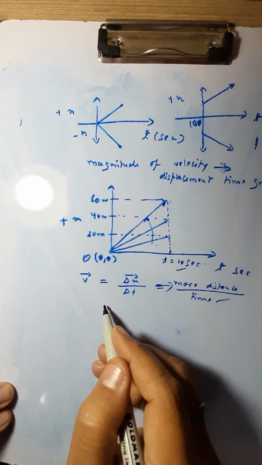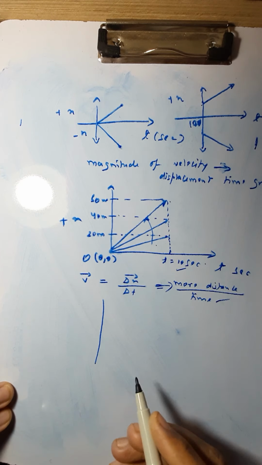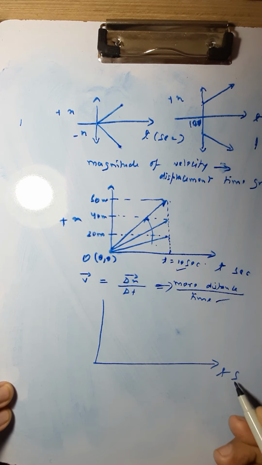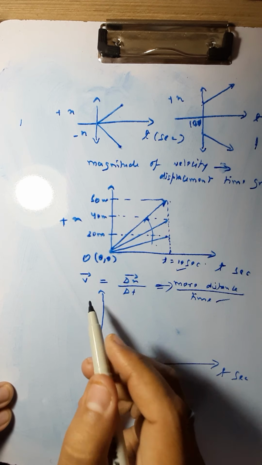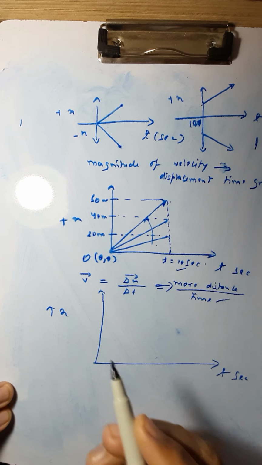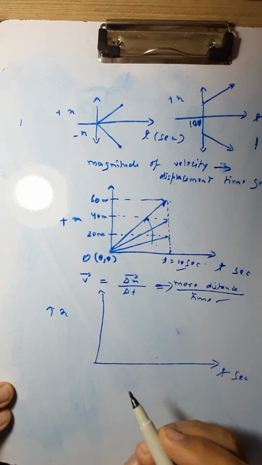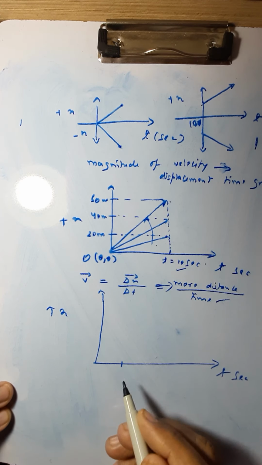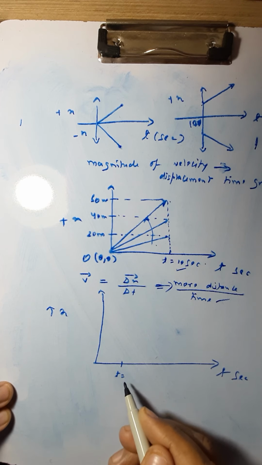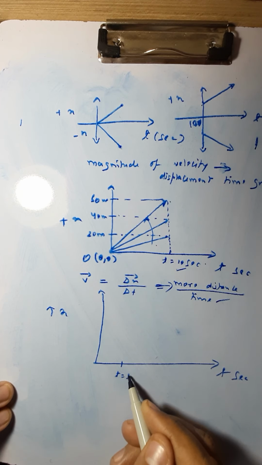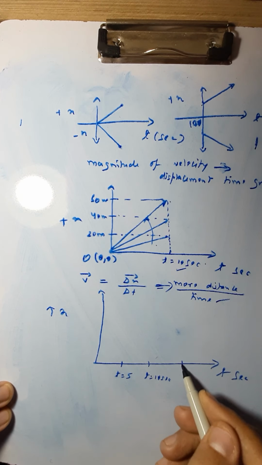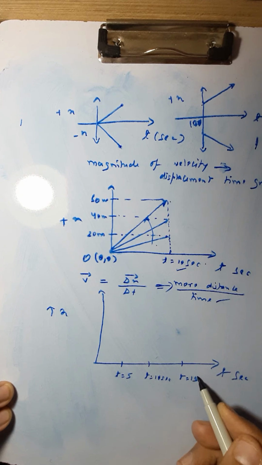Suppose now we will see, this is time t in seconds, this is the positive x-axis, and the particle moves along the positive x-axis. Here it is t equal to 5, t equal to 10 seconds, and t equal to 15 seconds.